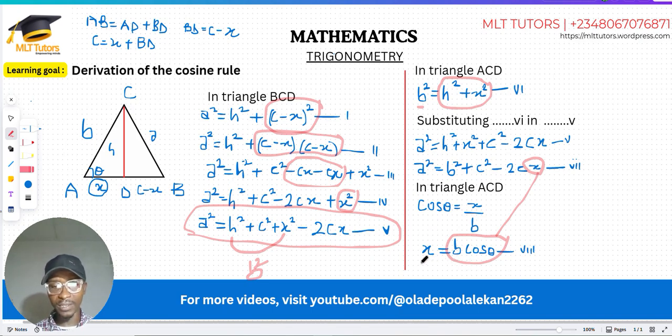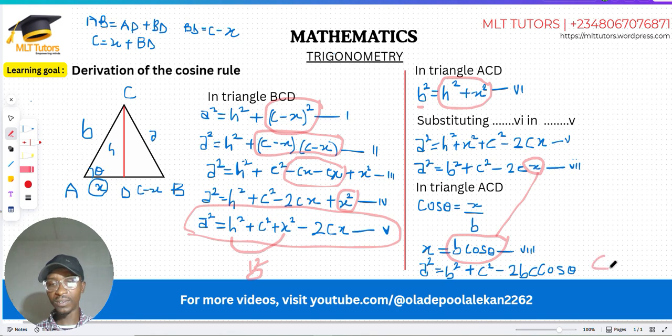And in doing that, equation 7 becomes a squared equals b squared plus c squared minus 2bc cos theta. And that is the final answer.